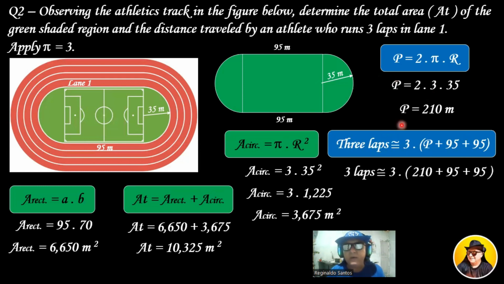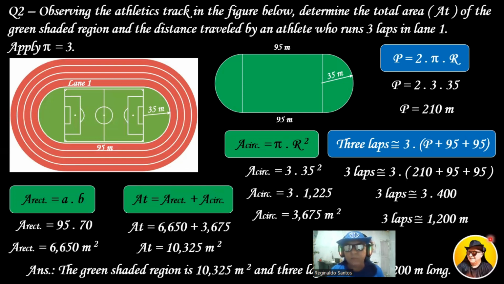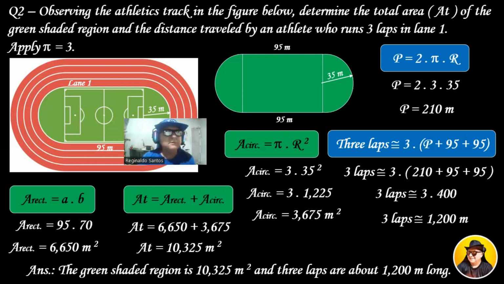Here we have 3 laps, which is 3 times the perimeter P, plus 95 plus 95. Let's sum this up. The 3 laps are going to be 3 times 400, that is going to be 1,200 meters. Excellent.